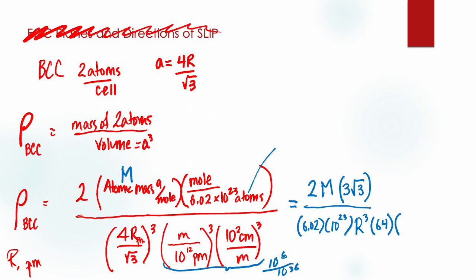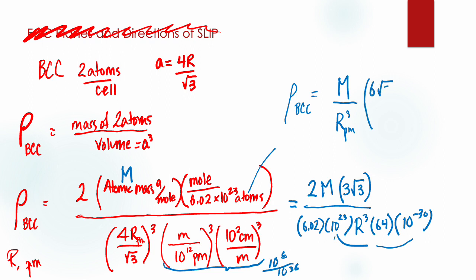So I've got 10 to the minus 30. So if I combine Avogadro's power 10 to the 23rd and 10 to the minus 30, I have that density for BCC is equal to atomic mass divided by the radius cubed, given in picometers, times 6 root 3 over 64 times 10 to the 7 in grams per centimeter cubed.